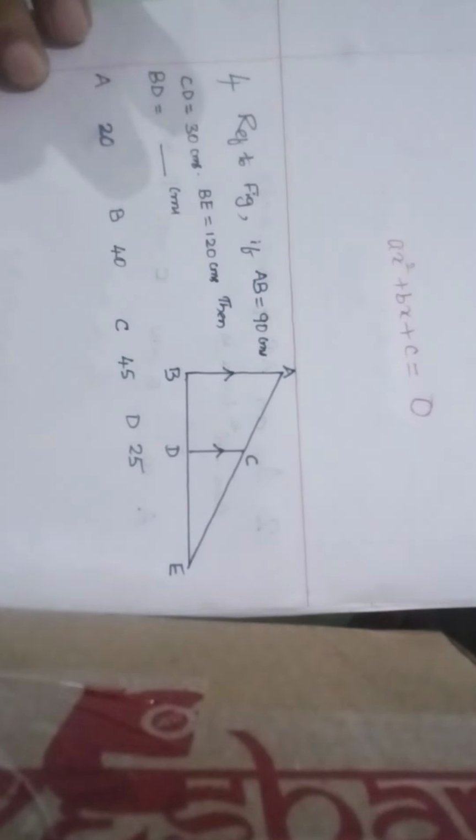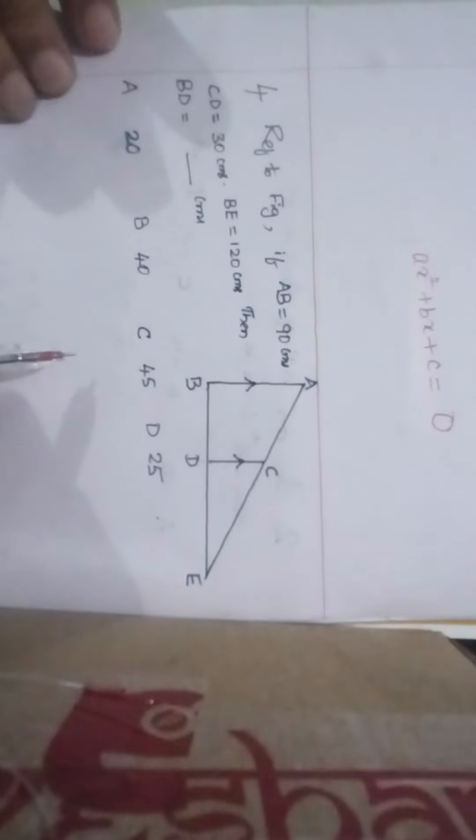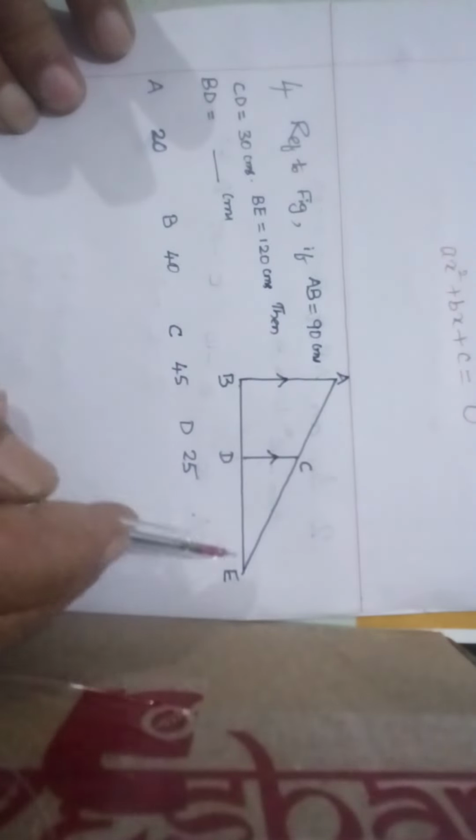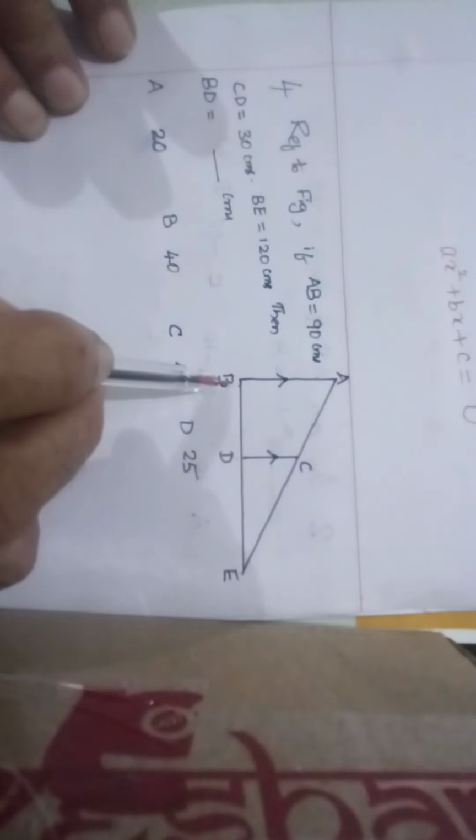Or if it is a little difficult, you have to solve like this. Within 1 minute you can do it. So here there are two similar triangles, ABE and CDE. Now you need not prove it. CD is parallel to AB.